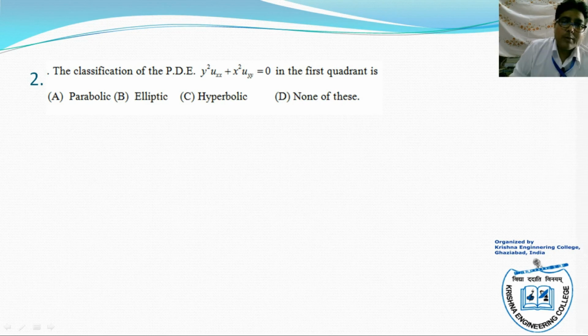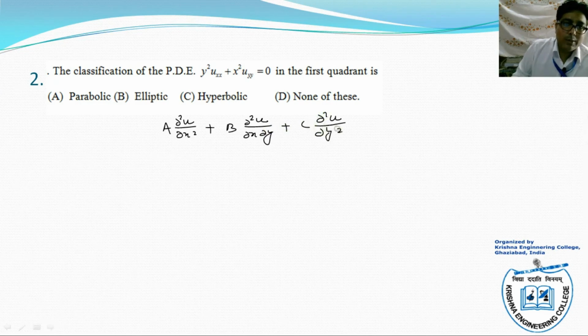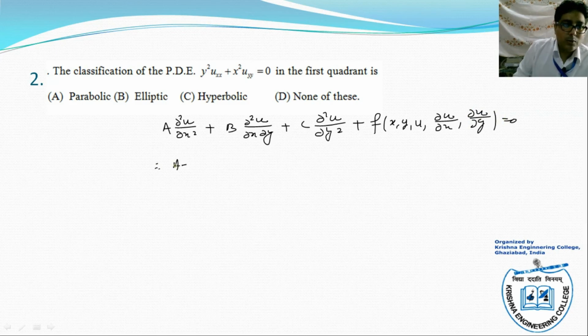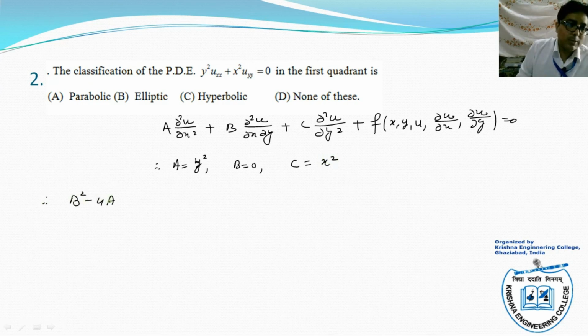This is the question of classification. So first of all, we compare the given equation in the form of A del square u over del x square plus B del square u over del x del y plus C del square u over del y square plus F, a function of x, y, u, del u over del x and del u over del y. So here we get A is equal to y square and B is equal to 0 and C is equal to x square. Now find B square minus 4AC.